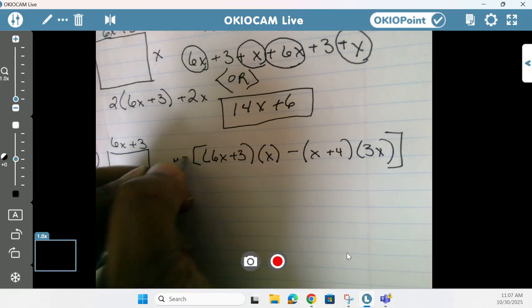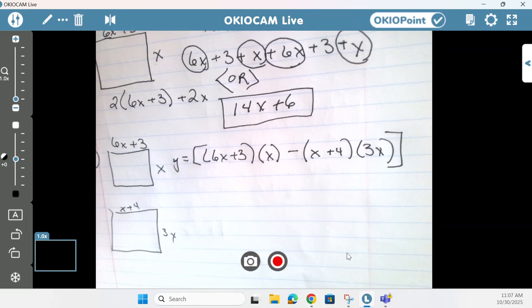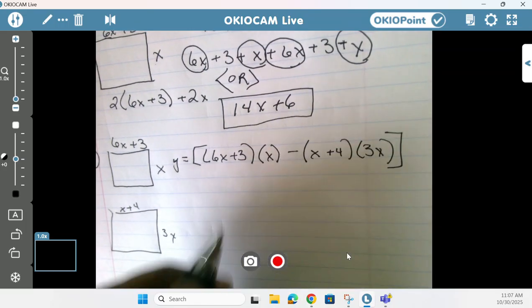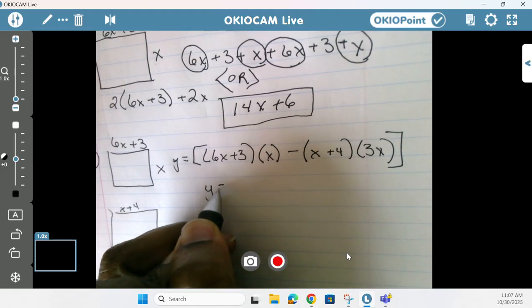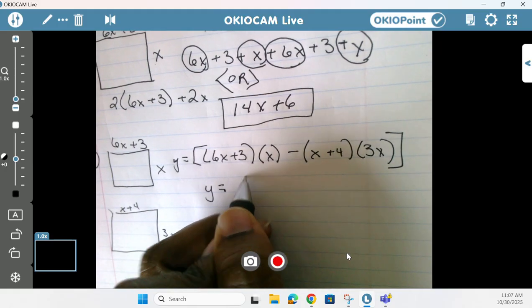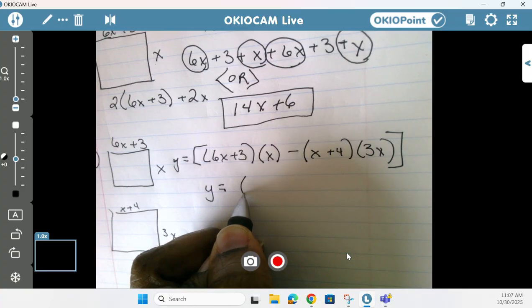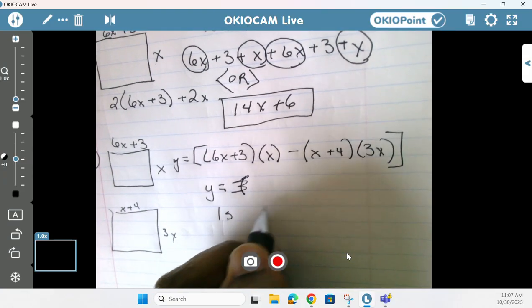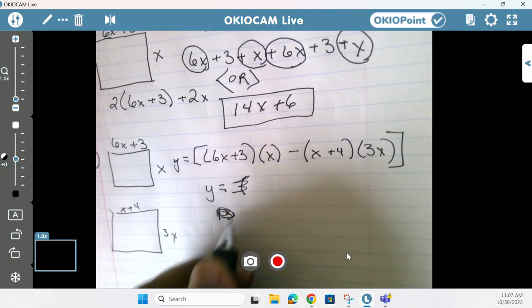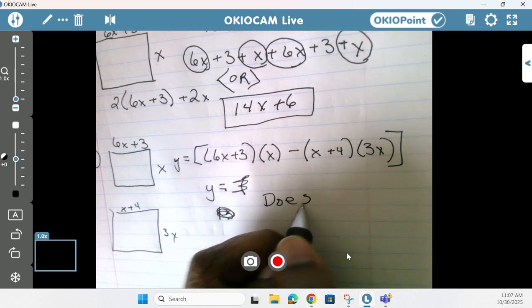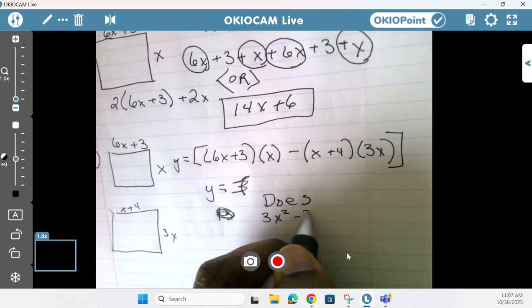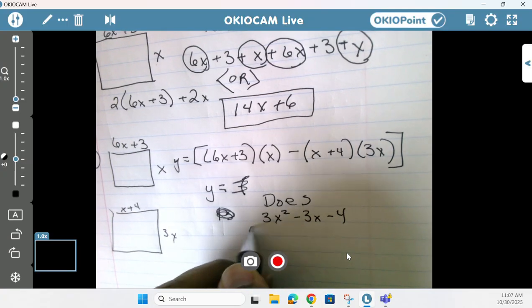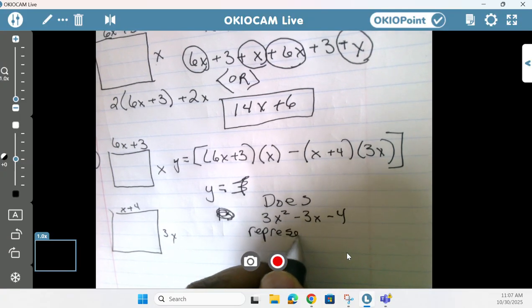Put this in for y equals. They give you 4 choices. My question is, is this one a solution? Does 3x squared minus 3x minus 4 represent the difference?